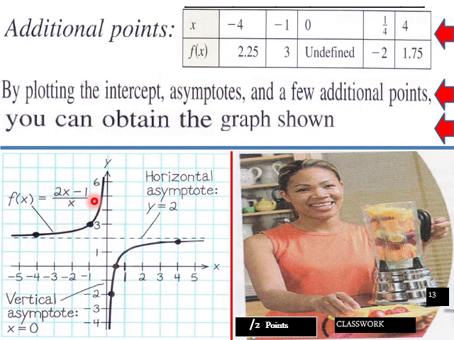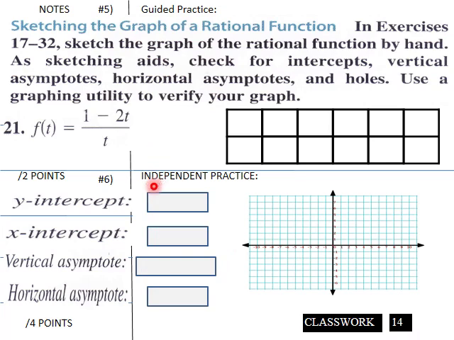That would make it further out here. So anyway, y equals 2 is an asymptote, and the vertical asymptote is x equals 0, which is the y-axis. And then you plot these other points, so you will go ahead and plot those.